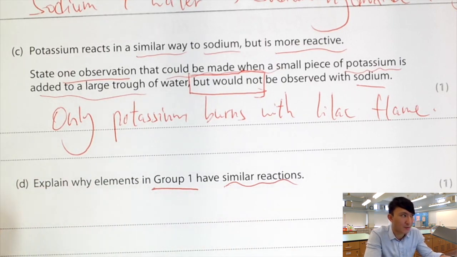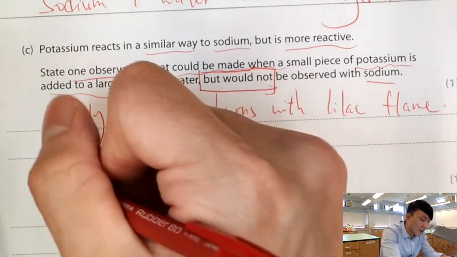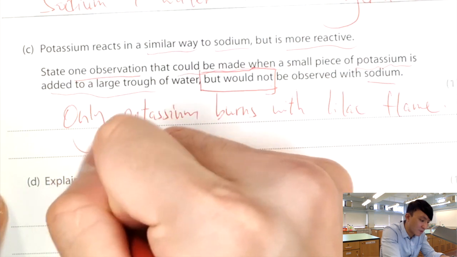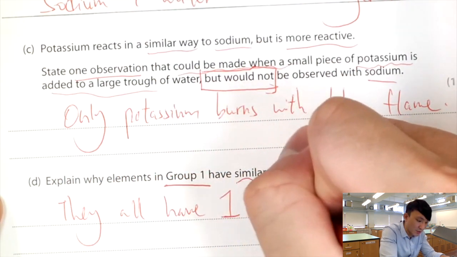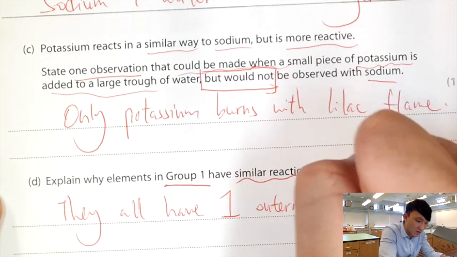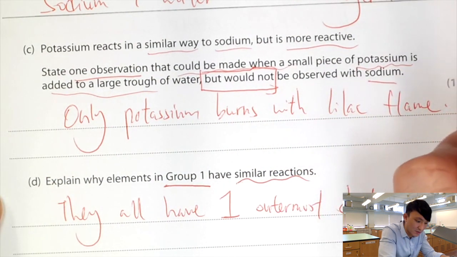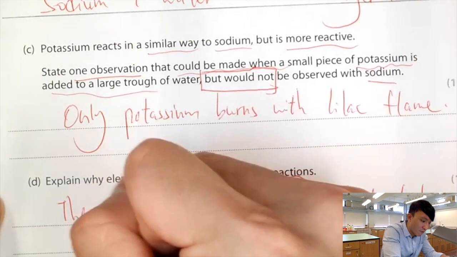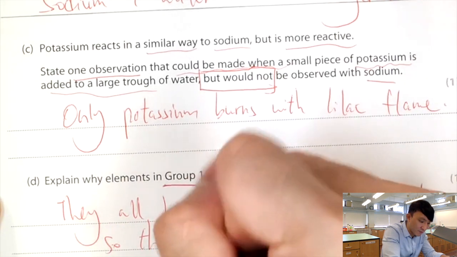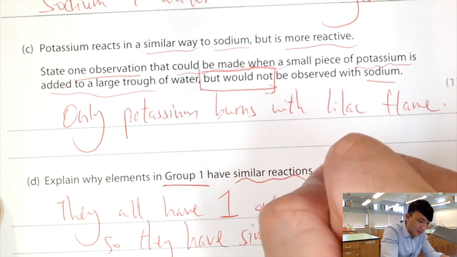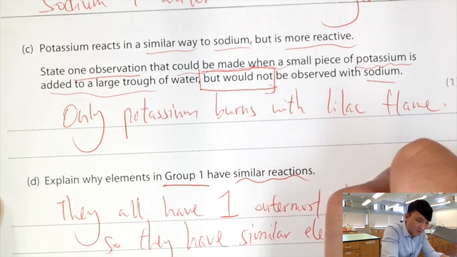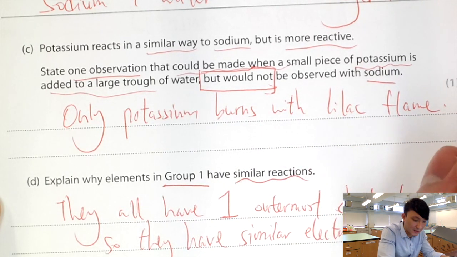So here, what you're going to put down is they all have one outermost shell electron. So they have similar electronic arrangement.